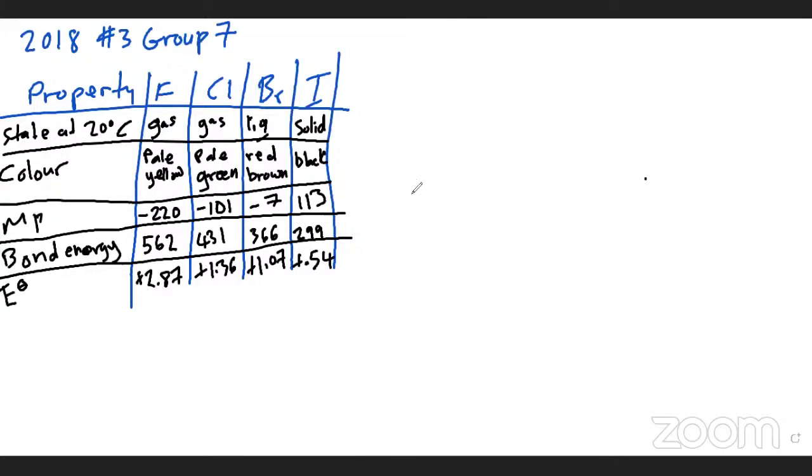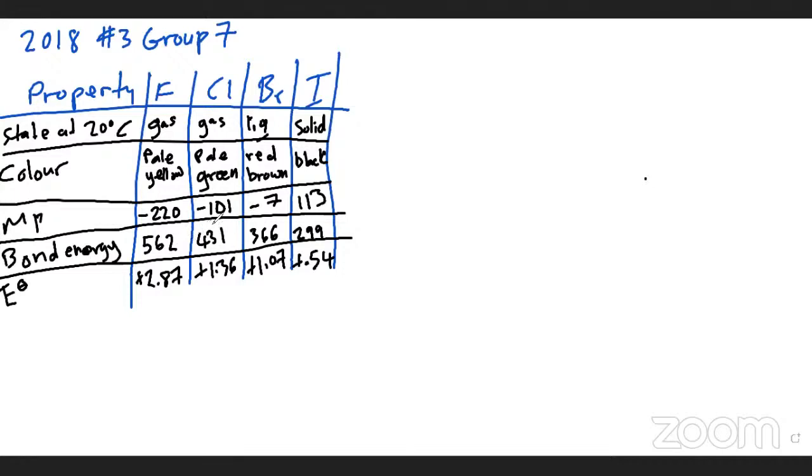No, if it's not a general trend that they want you to tell them about the melting point, you will not need to know the exact value, but you must know the trend. So the melting point decreases as you go down the group. All right? But like color, you should remember the color as well as the states. But the exact value for bond energy, no.